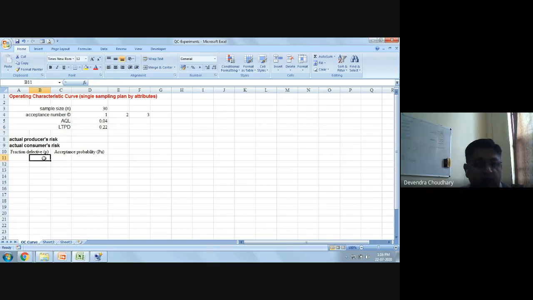Now fraction defective I write here 0, 0.02, 0.04, 0.06, 0.08 and so on.